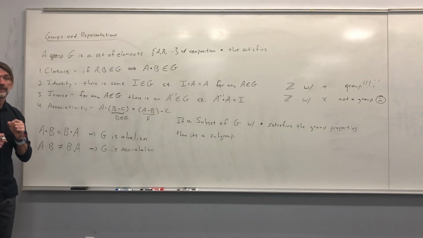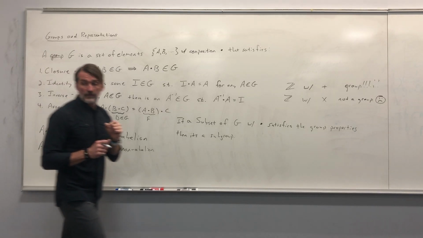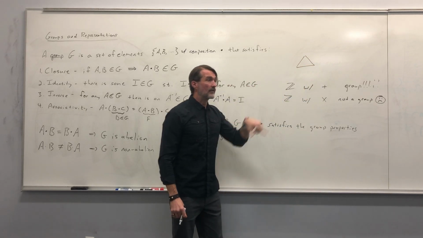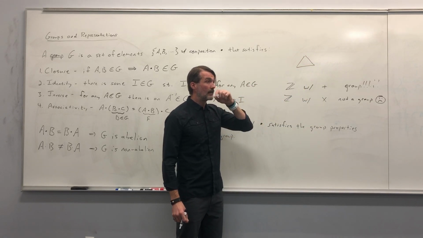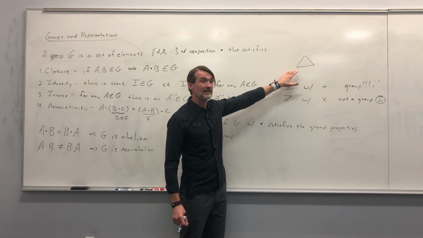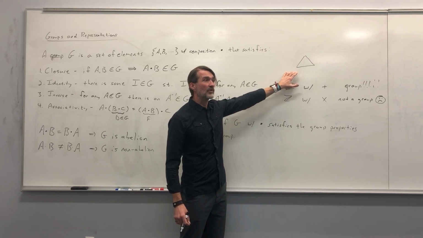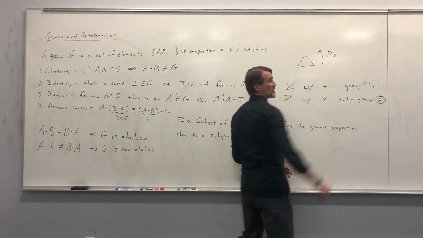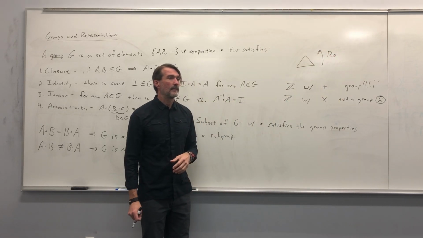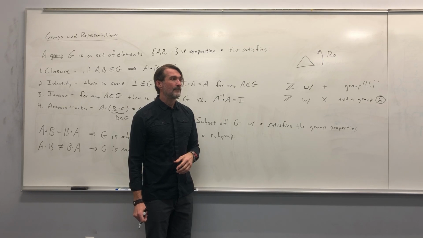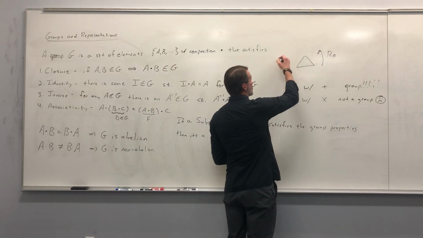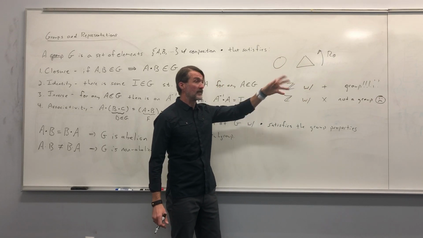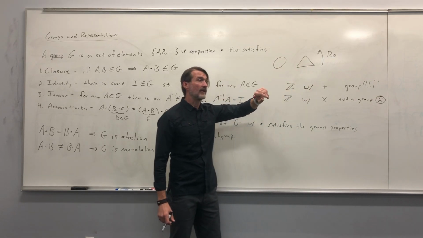Okay? Now, you remember when I took that triangle and I rotated it by 120? And I said there's only 3 elements? That's a subgroup of rotations by an arbitrary angle theta, which I can do on circles. I can also transform the triangle by an arbitrary rotation. It just won't come back to itself. Okay?